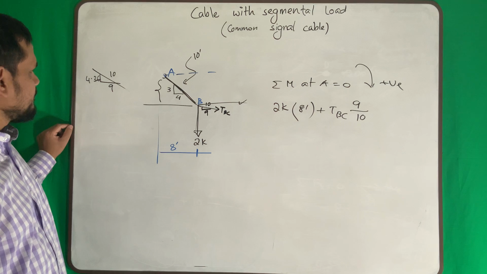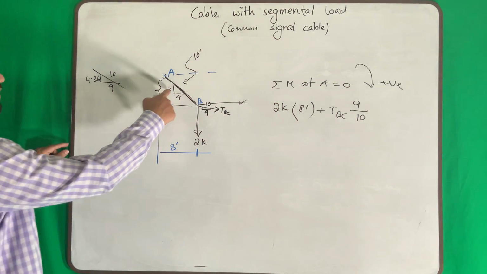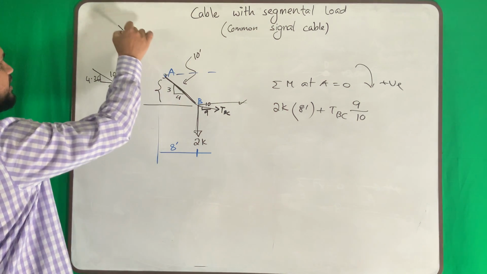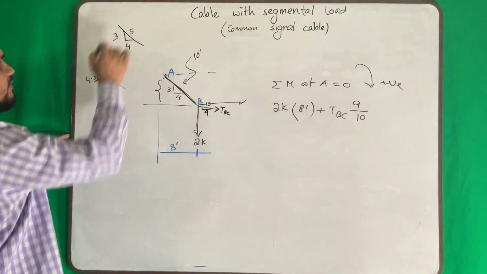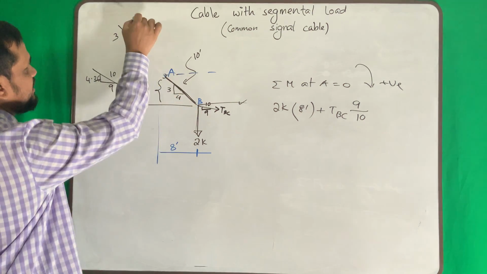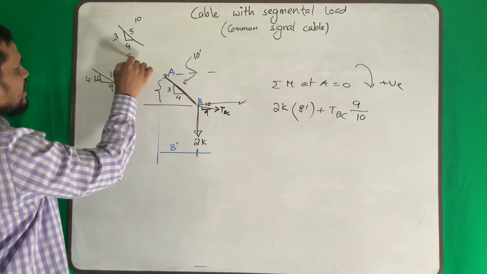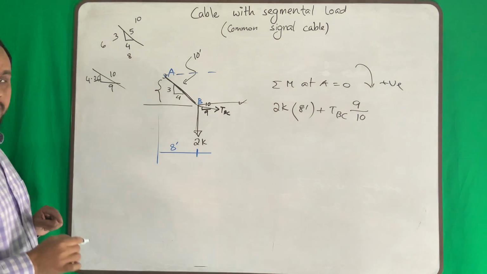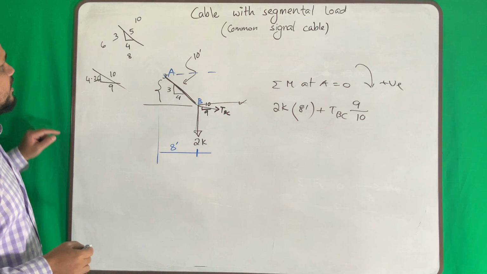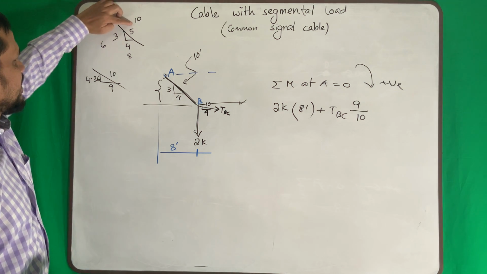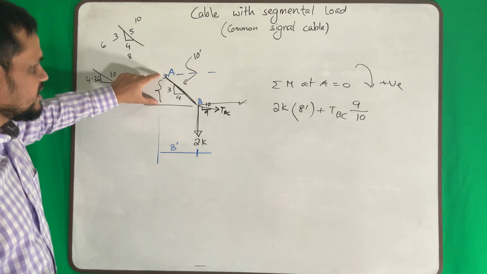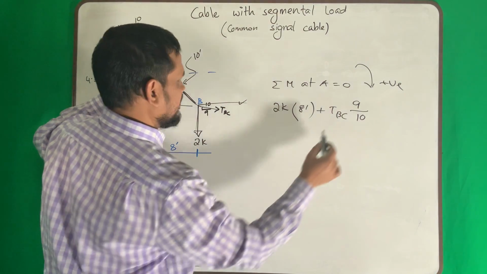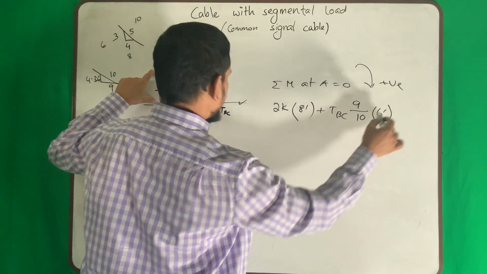If I take this triangle, the slope of this triangle is 3, 4, 5. So if the length is 10, this will be 8, this will be 6. That means I'm multiplying by 2: 10, 2 times 3 is 6, 2 times 4 is 8. That means this distance is 6. So this will be 6 feet.